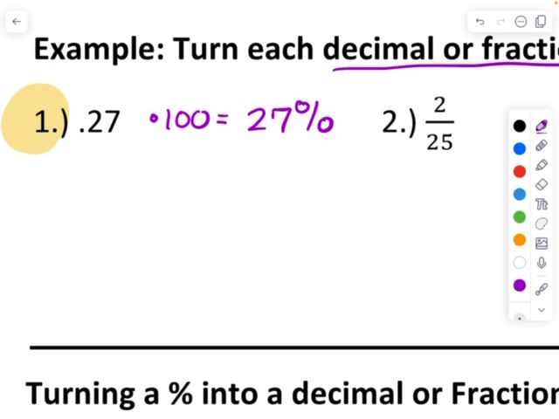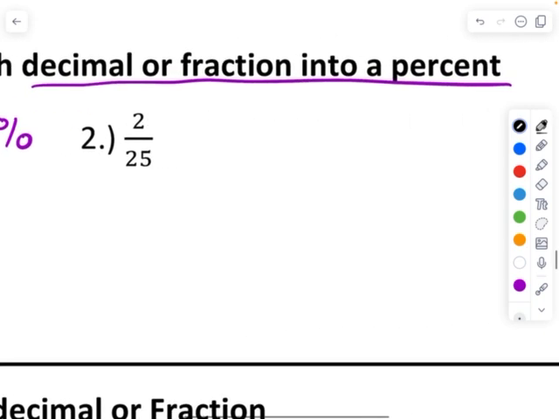And remember, that is 27%. The other way we could do it, we can rewrite 0.27 down here, is we can move this decimal point right 2 places. Swing it 1, swing it 2. Now it's right there, which is 27%.